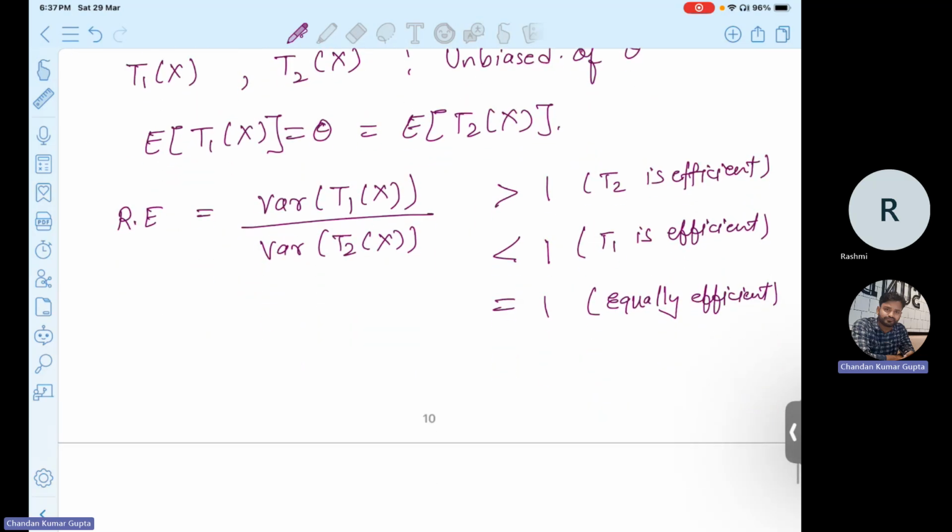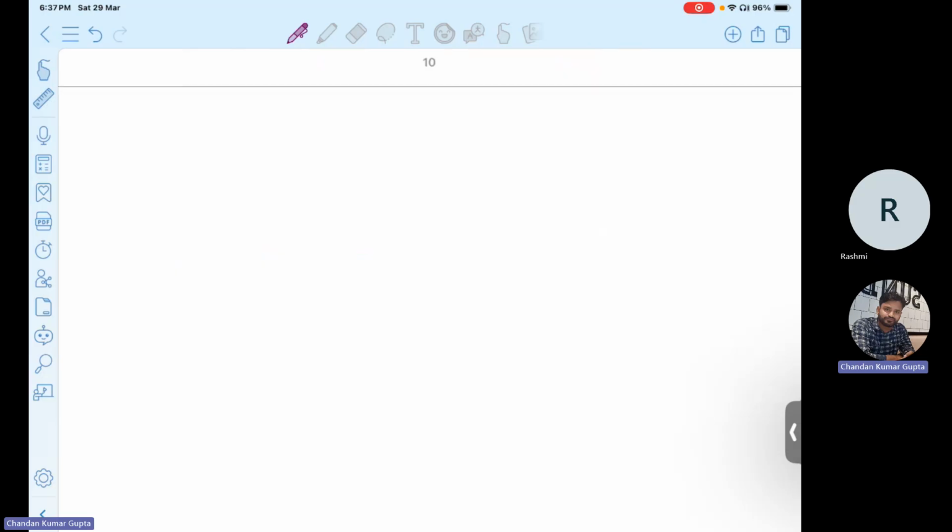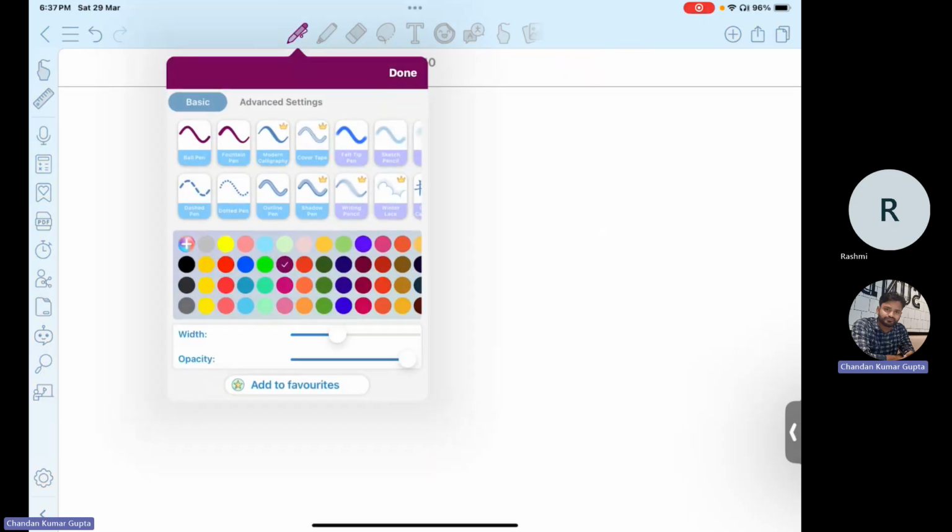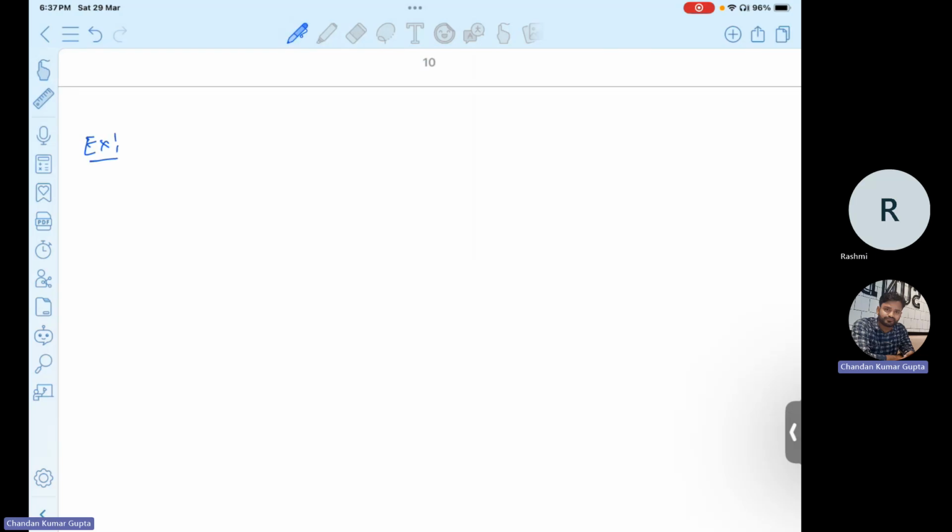We have an example for this. Maybe you remember the Poisson distribution. Let a random variable x follow a Poisson distribution with parameter lambda, where lambda is unknown. In that case, the expected value of x, the mean, is lambda, and the variance of x is also lambda.